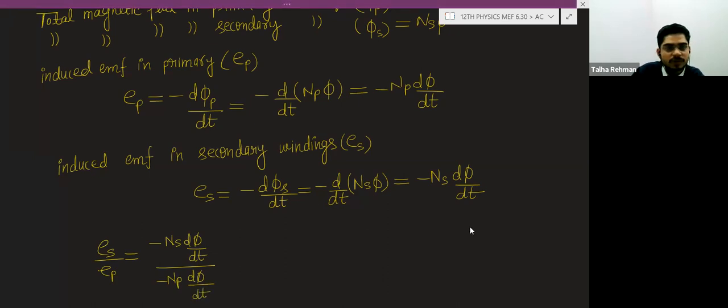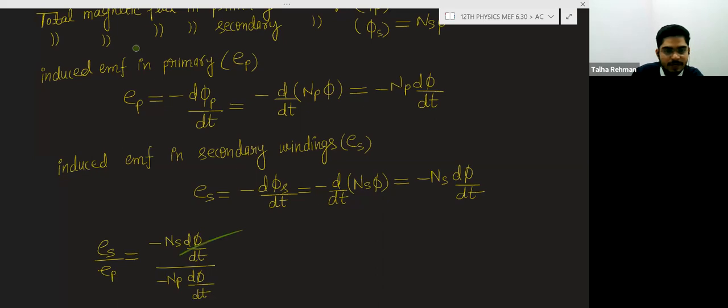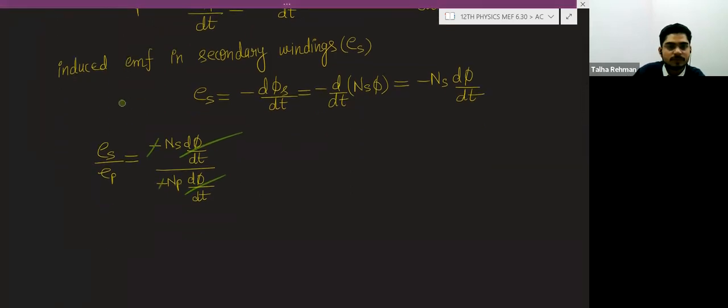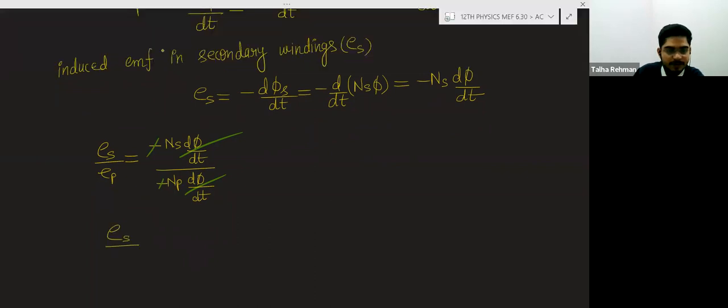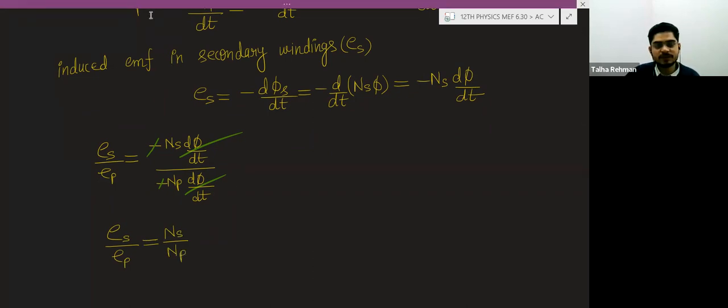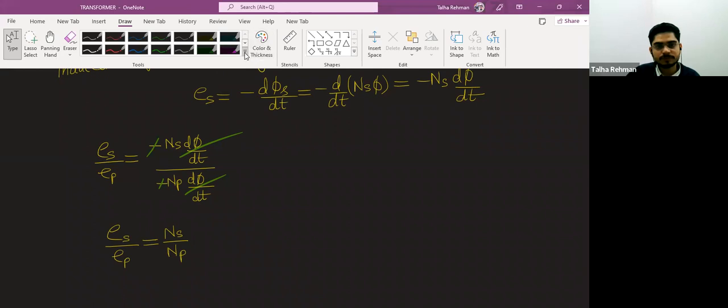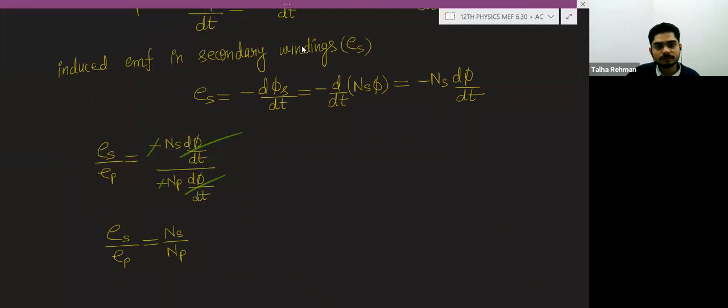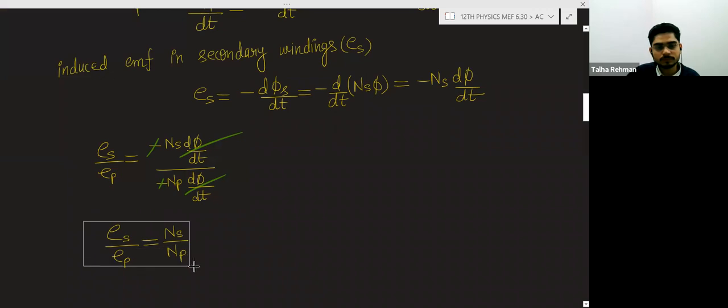Now this d phi by dt and this d phi by dt cancel out, minus and minus cancel out. So EMF in the secondary winding divided by EMF in the primary winding is equal to number of turns in the secondary winding divided by number of turns in the primary winding. This is the first relation we got.